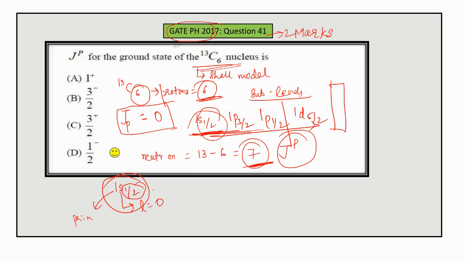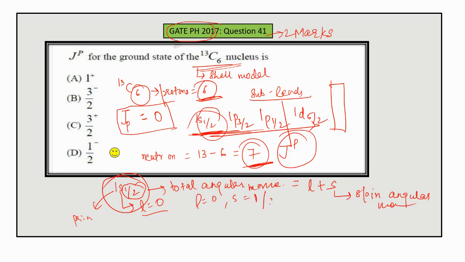And the 1/2 is the total angular momentum, which is a vector addition of L and S, where S is the spin angular momentum. In this case, L is equal to 0 and S is equal to 1/2. Why is S 1/2? Because neutron and proton both are fermions with spin 1/2. So you will get J equal to 1/2. That is why we have the 1s 1/2 state.